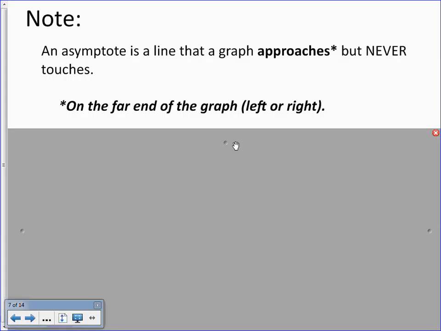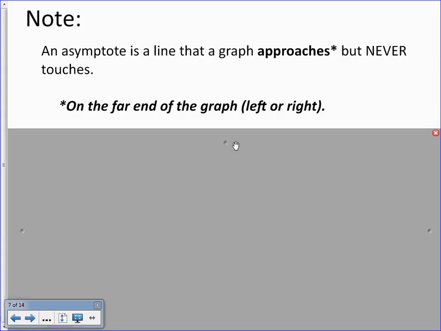Now again, we are not going to run into this issue. So for this particular class, this particular chapter, we know we're never going to cross it. But going forward, some of you might be taking Algebra 3 next year. You'll work with functions where there are asymptotes that you do cross. You just go back to it on the far right or far left of the graph. Okay.